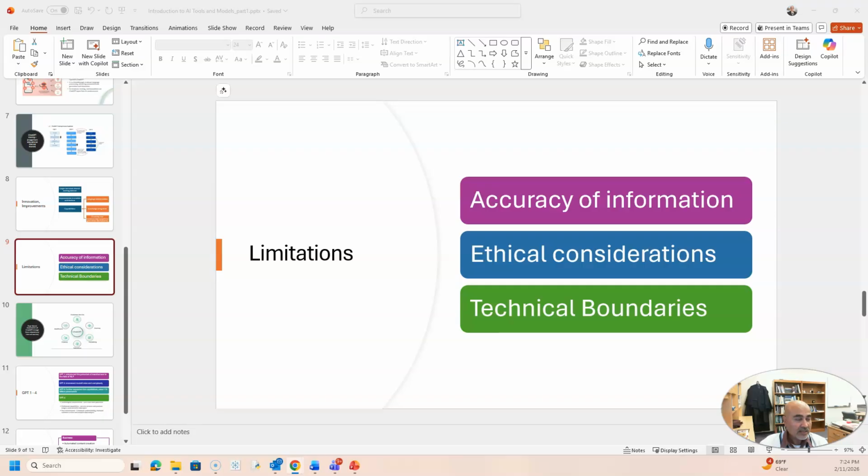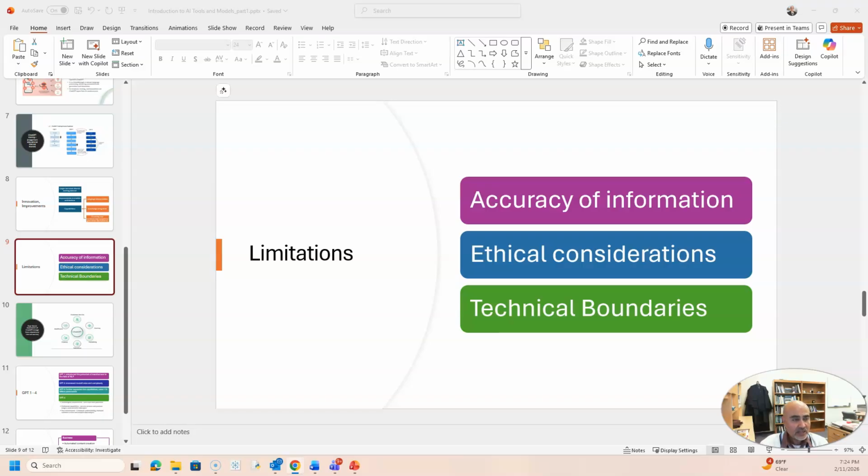It cannot mimic the human experience and context fully. It might struggle with tasks that require empathy, moral judgment, or a deep understanding of human emotions and relationships.